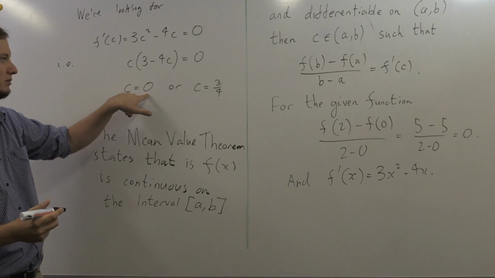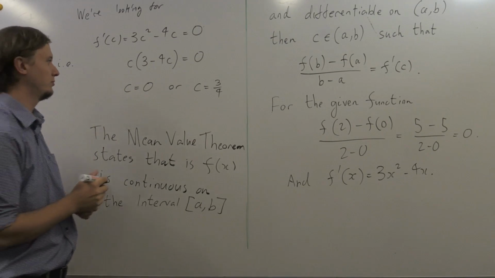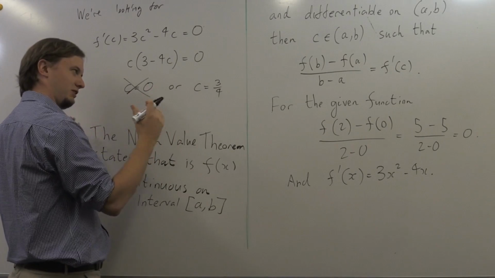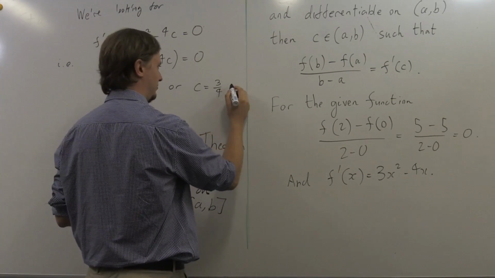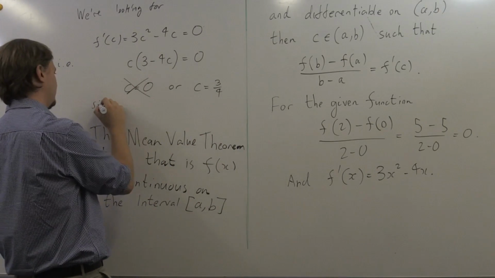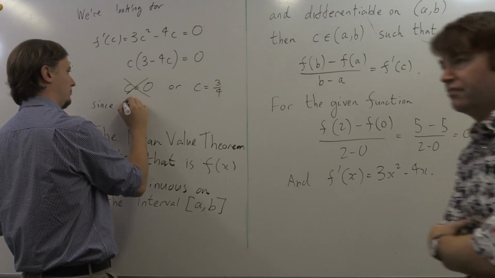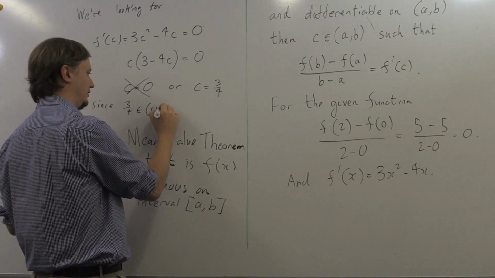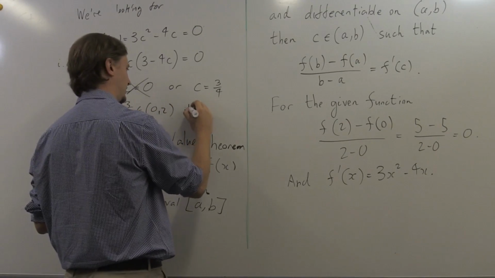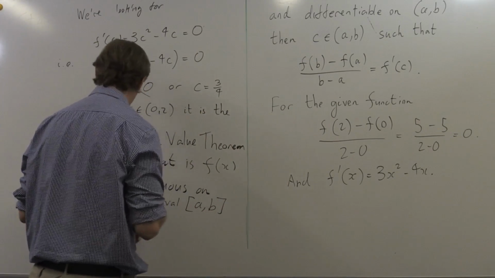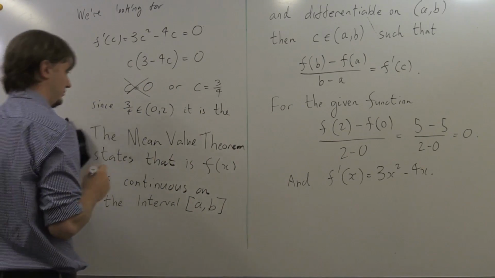I was promised one strictly inside the interval 0, 2. So 0 is not in 0, 2, it's just on the boundary, and since 4/3 is actually inside the interval 0, 2, it is the value that we were promised.